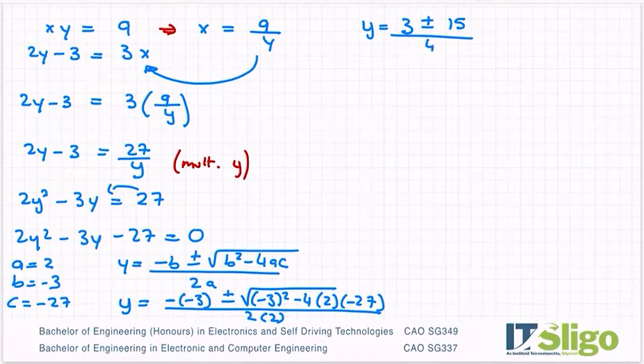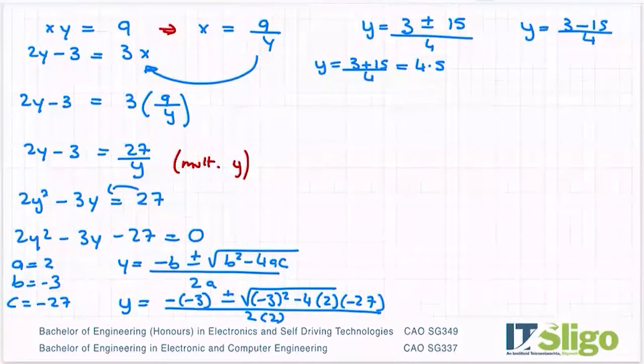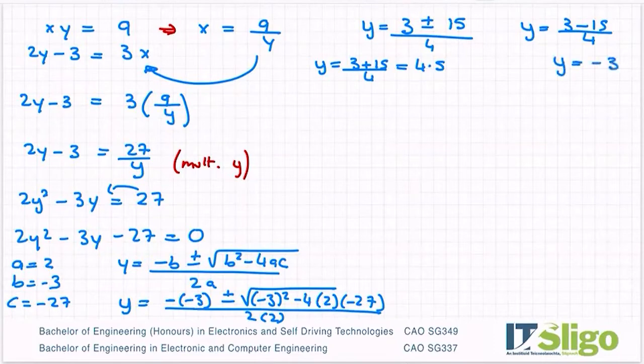Okay, let's break that into its two values. The first one, y is equal to 3 plus 15 over 4, which is 18 over 4, which is 4.5, or y is equal to 3 minus 15 over 4, so I'm getting y is equal to minus 3.